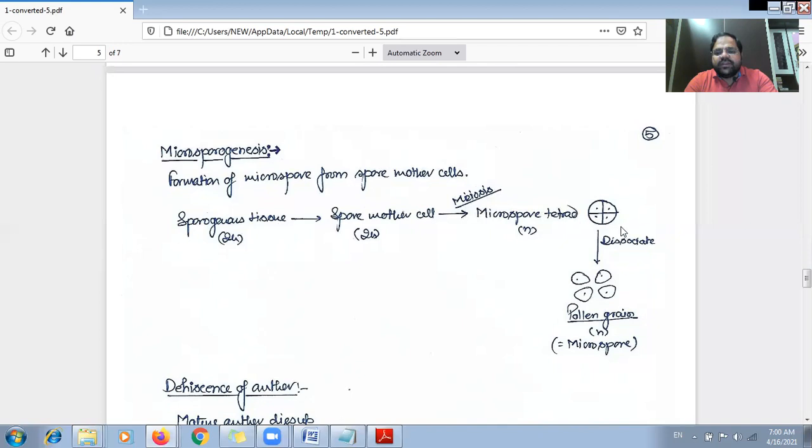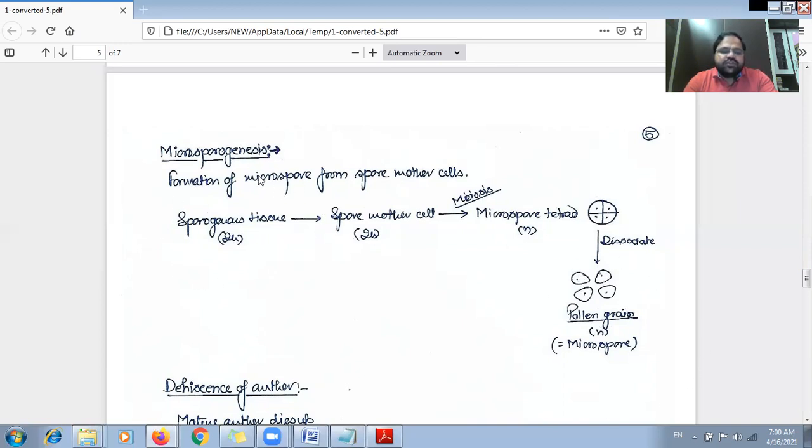We can see here this structure representing the microspore tetrad, and when they dissociate, the individual microspore will be called a pollen grain or microspore. So we can see how the pollen grain forms.